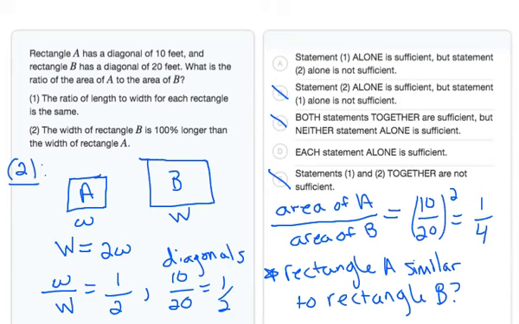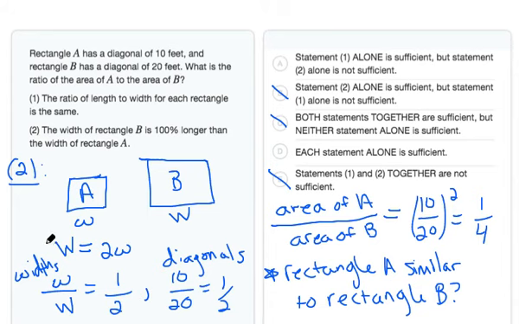If the widths are in the same ratio, and the diagonals are in the same ratio, it implies that the lengths will also be in the same ratio.